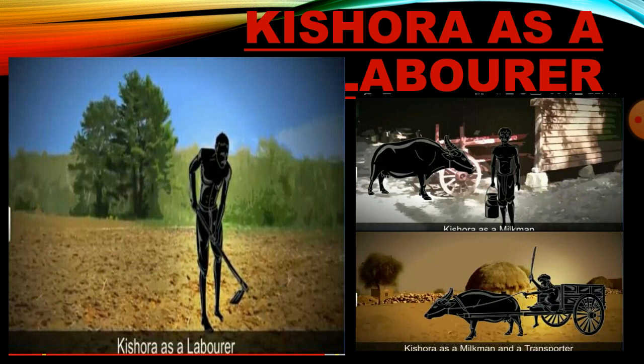Now, we will learn about Kishora. Kishora is a farm laborer as it is being shown in the picture. Like other such laborers, Kishora found it difficult to meet his family needs from his wages. A few years back, Kishora took a loan from the bank. This was under a government program which was giving cheap loans to poor landless households. Kishora bought a buffalo as shown in the first picture on the right hand side. With this, he now sells the buffalo's milk.